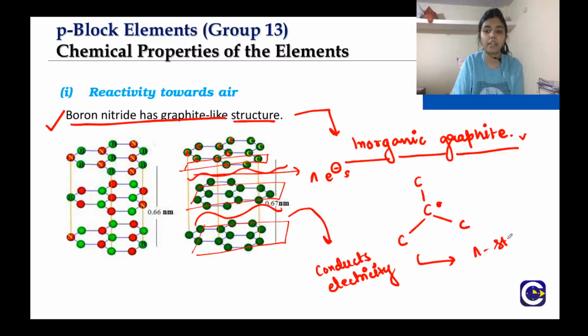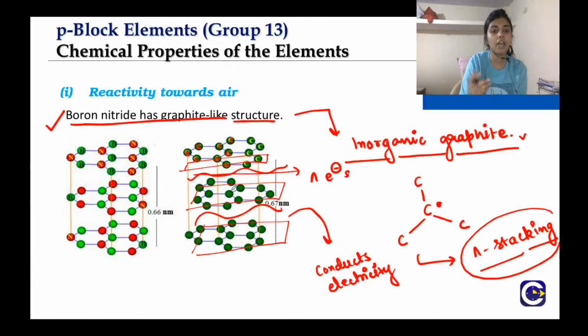Pi stacking. This is known as pi stacking of graphite. So graphite has a layered structure. Similar to that, boron nitride also has the same structure. Here you can see, but instead of carbon we have what? Boron and nitrogen. Layered structure you can see.